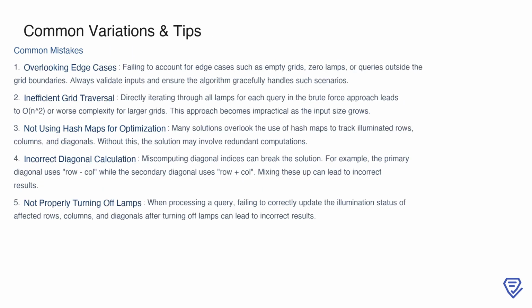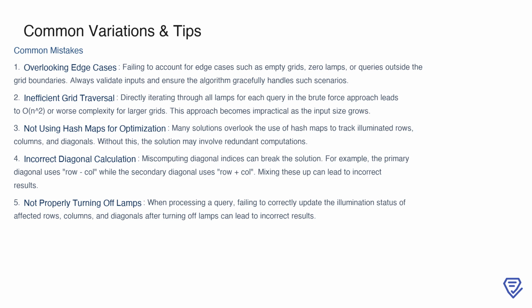One of the most common issues when solving grid illumination problems is overlooking edge cases. For example, you might forget to handle scenarios where the grid is empty, there are no lamps, or queries fall outside the grid boundaries. It's crucial to validate all inputs and ensure your algorithm handles these gracefully. Another mistake is using an inefficient grid traversal method, such as directly iterating through all lamps for each query.